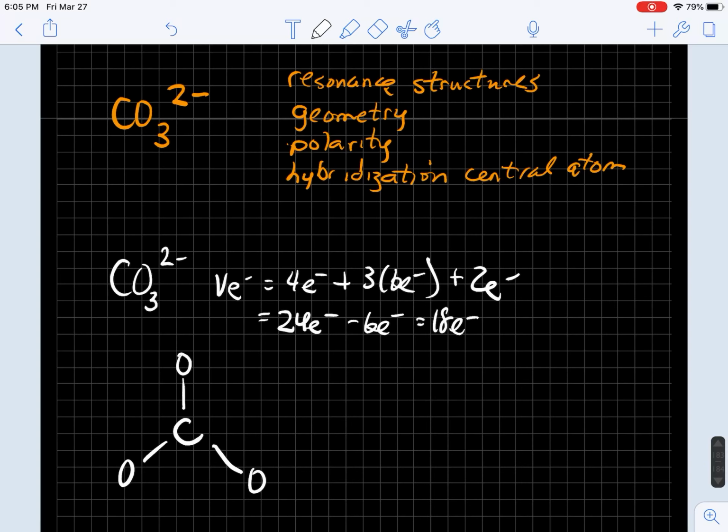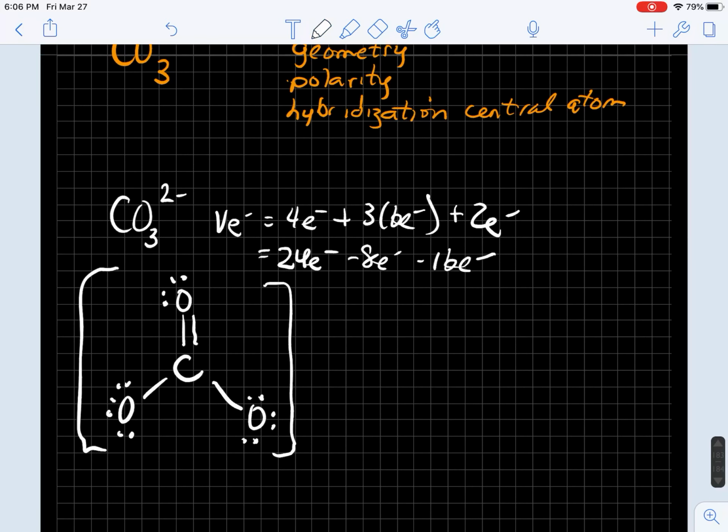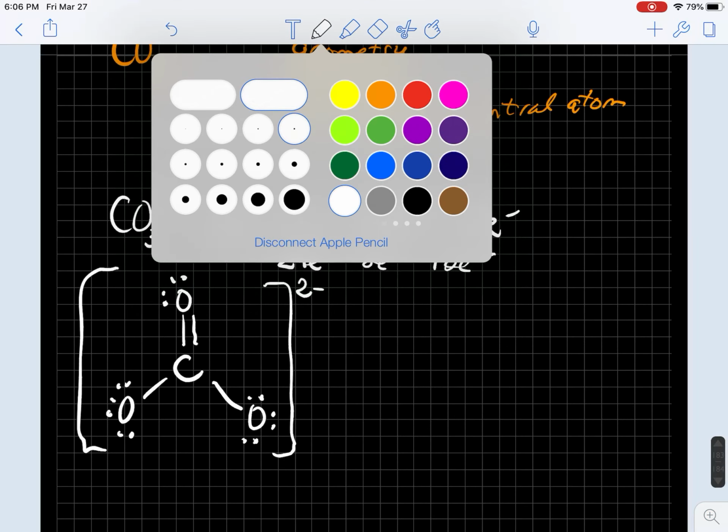I'd need 20 to complete the octet on the carbon. So I'm going to try this with a double bond. And if I do that, this becomes 16 electrons, and that's all I need. I need 12 for the single bonded oxygens, and I need 4 more for the double bonded oxygen. And remember, this is a polyatomic ion, so we got to put brackets around the outside, and we got to put the 2- charge.